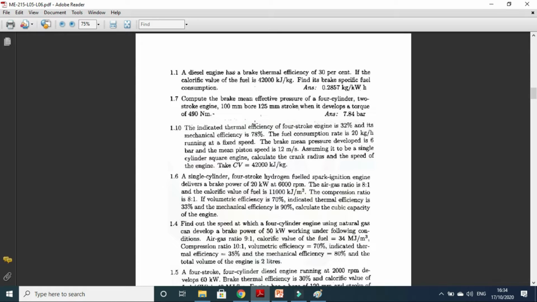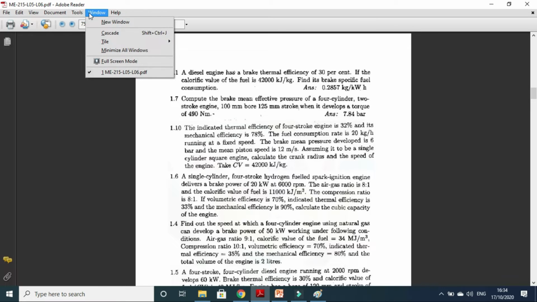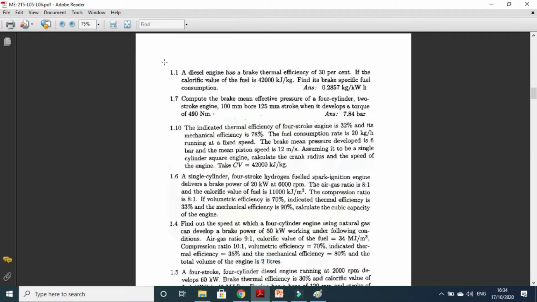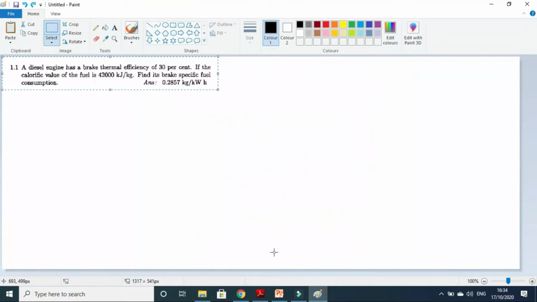Now, if you remember, I advised you to memorize the formulas. So this is a simple thing. If I were you, I would highlight the key parameters, and the key parameters are brake thermal efficiency.